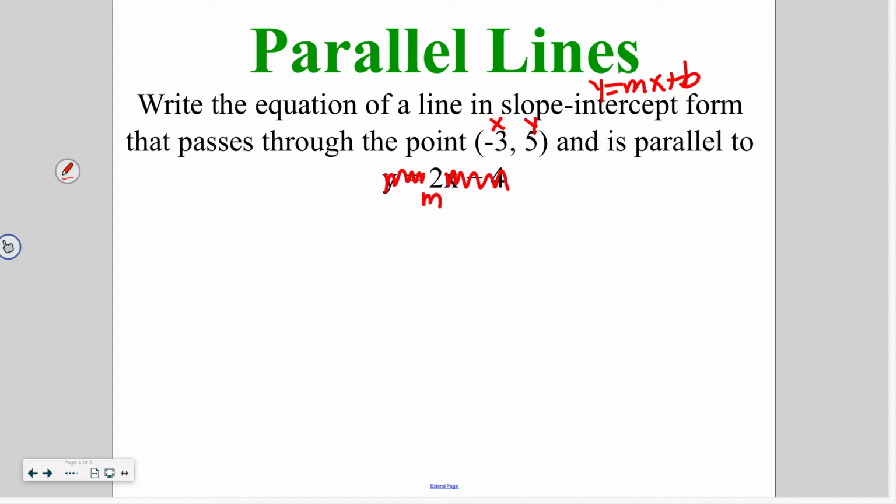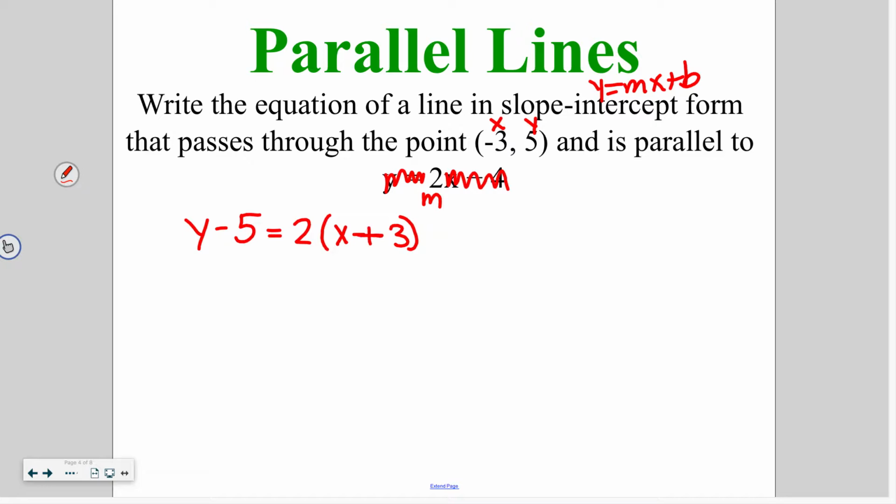So we're going to plug this in, and there are 2 different ways that you can go about showing these parallel lines. Our first option, which I find to be simpler, is to use that point-slope equation to start. So I'm going to say y minus 5 is equal to 2, which is my slope, times the quantity x minus x1. In this case, my x1 is a negative, so that turns into a positive.